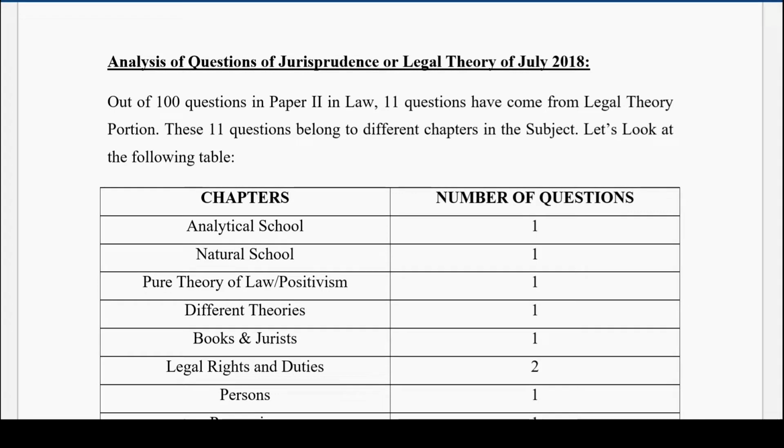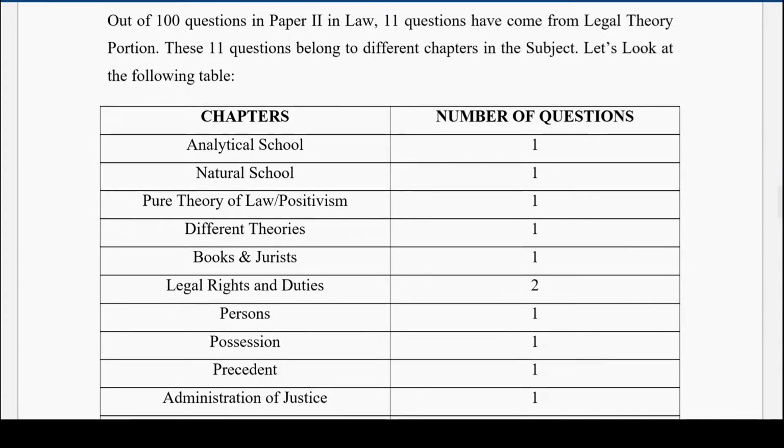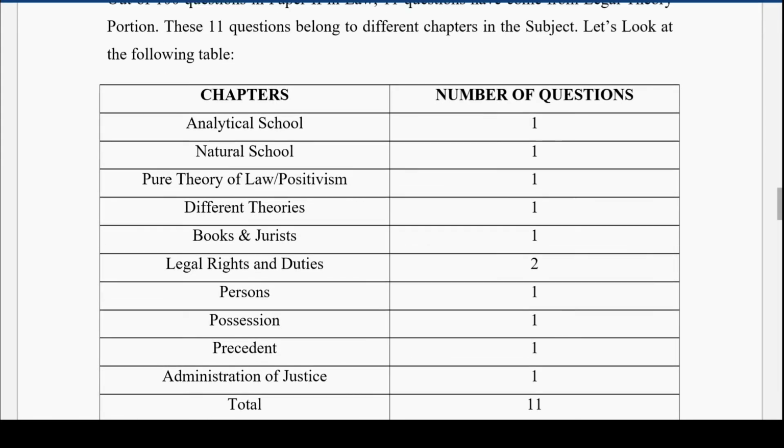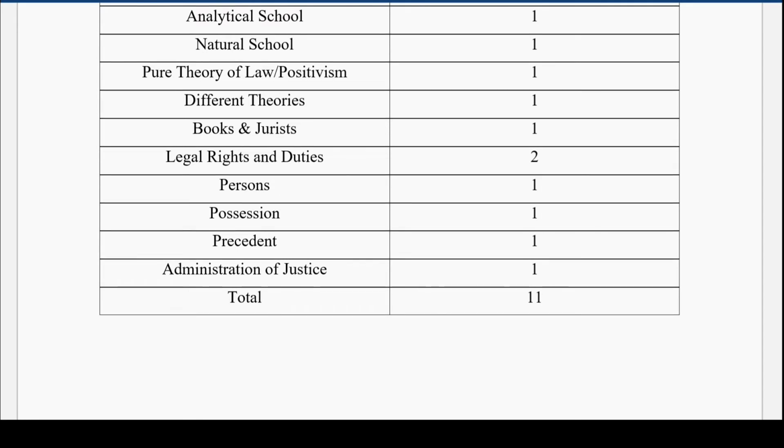The analytical school has one question, pure theory of law one question, natural law school one question, different theories one question, books and jurists one question. So school of jurisprudence contains around 4 to 5 or 6 questions, though the sociological school is missing here. The next part is legal rights and duties, which contains 2 questions, legal personality 1 question, possession 1, precedent 1, and administration of justice 1.